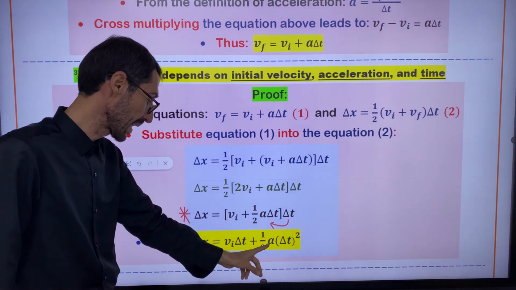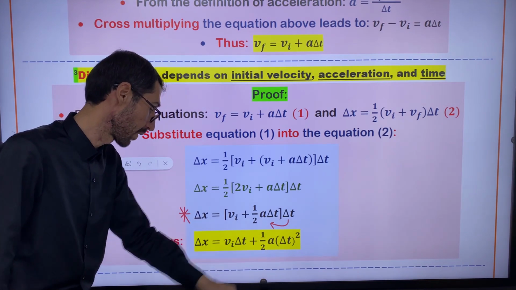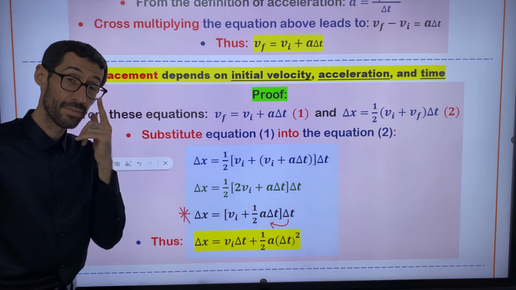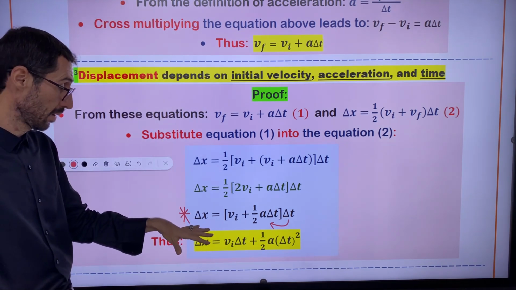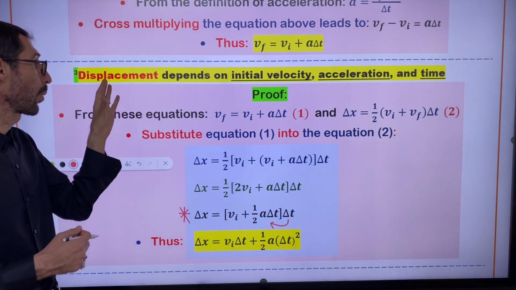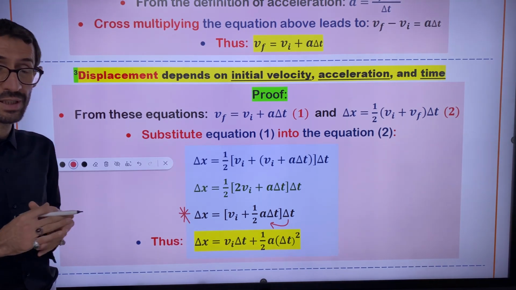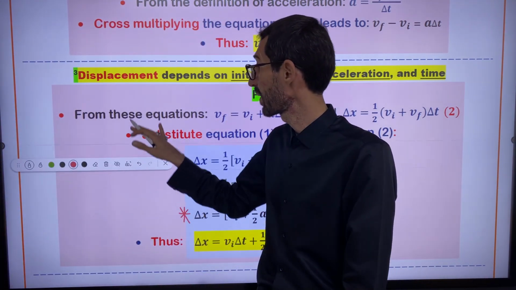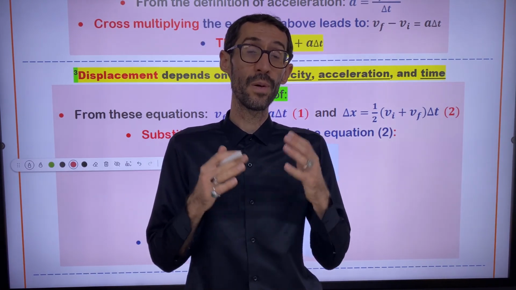Acceleration, yes, we have acceleration within this equation, and time interval. That's why this equation coincides with our text. That's why we reached our goal, and this is the third equation for motion with constant or uniform acceleration.